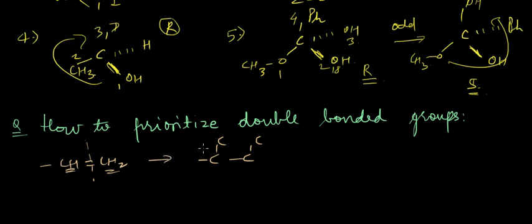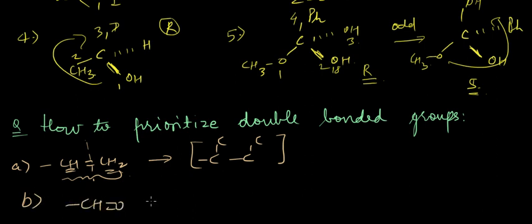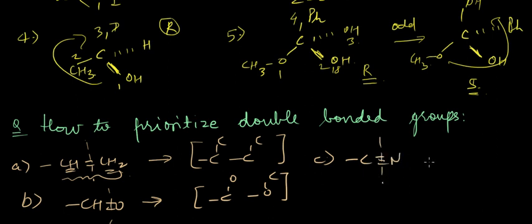So by calculating the priority of this, we'll be calculating the priority of the double bond. Okay, similarly, if you have this, then across this double bond O, and across O you have C. Okay, if you have this, then it's a triple bond, so apply this atom twice on carbon, and on nitrogen again do the same for the carbon atoms.